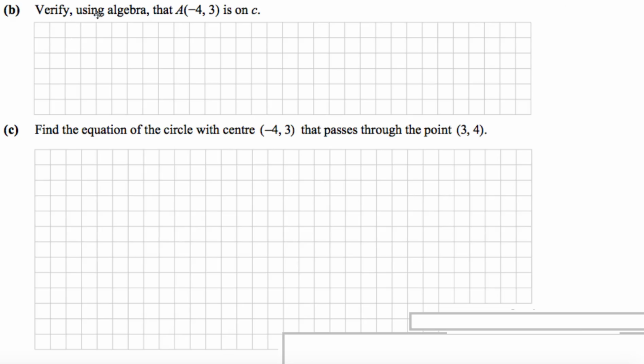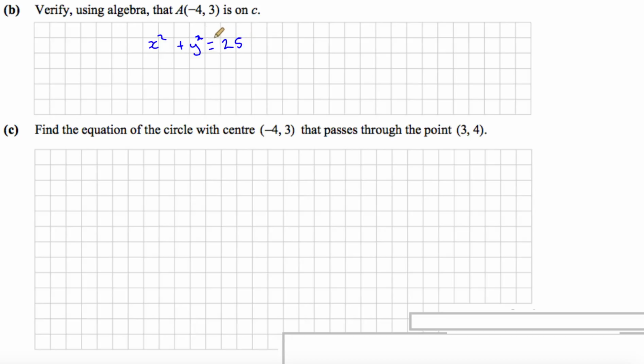Part B says verify using algebra that the point A, minus 4, 3, is on C, so is on the circle. So the equation of the circle is x squared plus y squared equals 25.